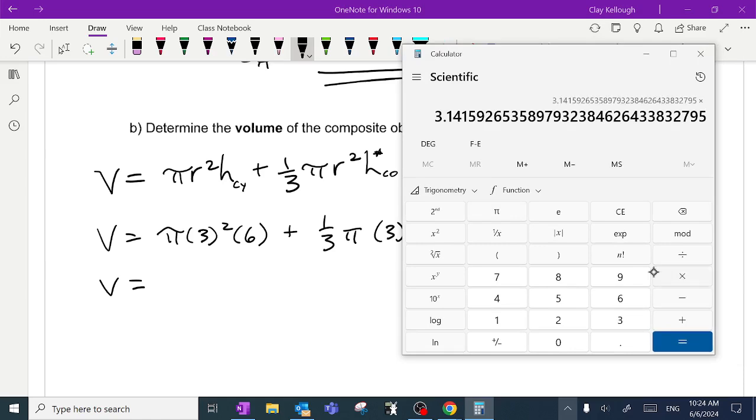Pi times 9 times 6 plus 1 divided by 3 times pi times 9 times 4. Is that what you get? Yes, I do get that. I see one person said yes, 2 other people are shaking their heads yes. Okay, we'll say we got it.